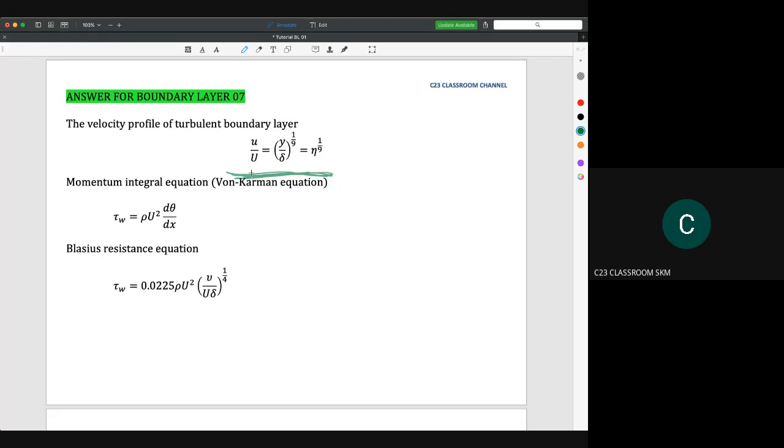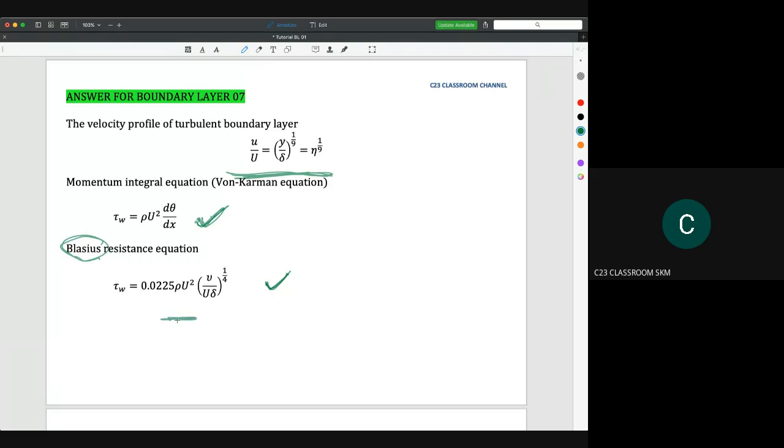So you need to start your calculation by using the von Karman equation, and also make sure in the question you have the Blasius resistance equation, meaning the value of shear stress given by Blasius will be given in your question.